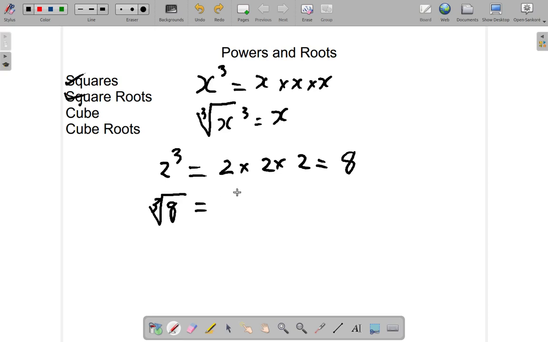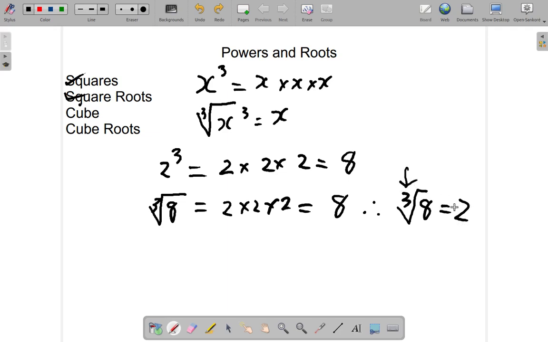Multiply them and they give you 8. It works with 2 times 2 times 2. 2 by 2 is 4, 4 by 2 is 8. So therefore the cube root of 8 is 2, because when you put 2 3 times and you multiply them, you get 8.